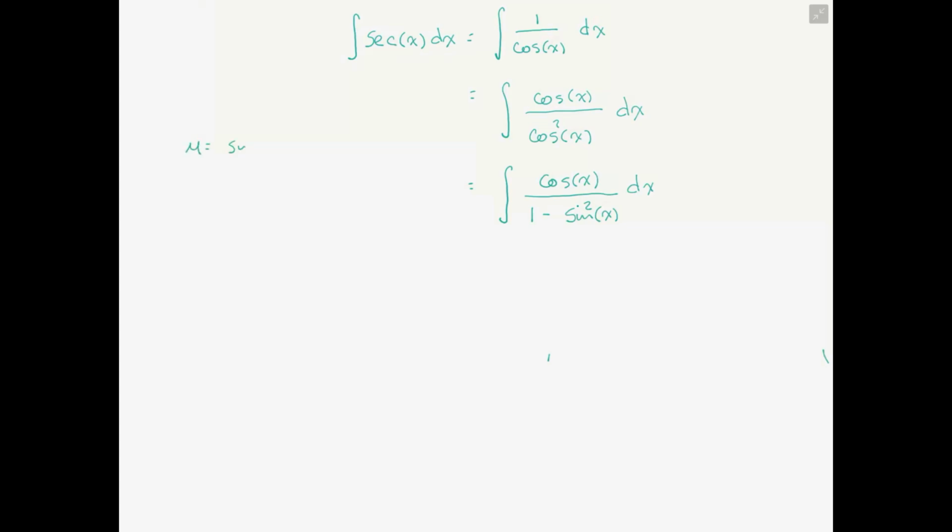Now we use a u substitution where u equals the sine of x and du equals cosine of x dx. And now with our u substitution we have du over 1 minus u squared.